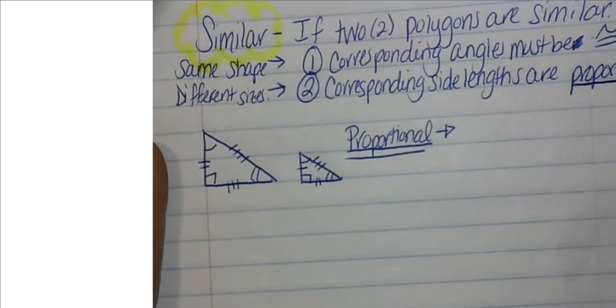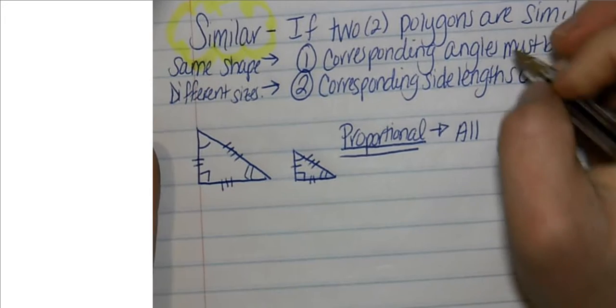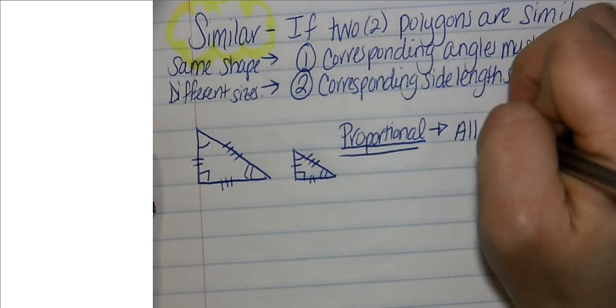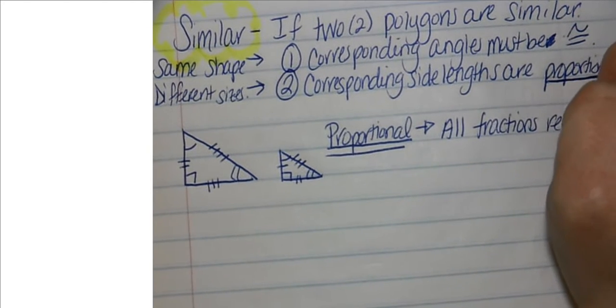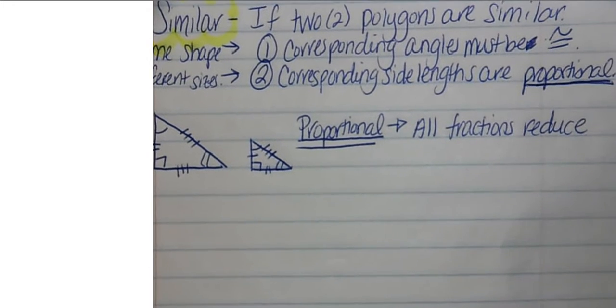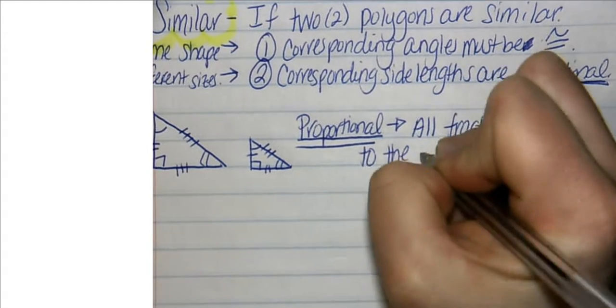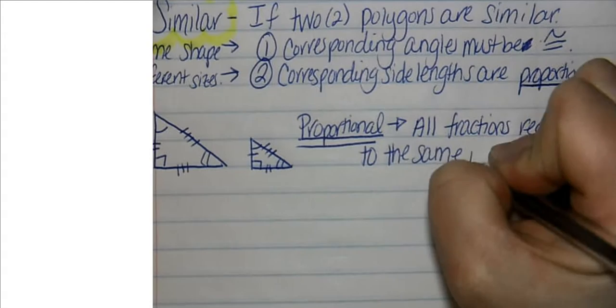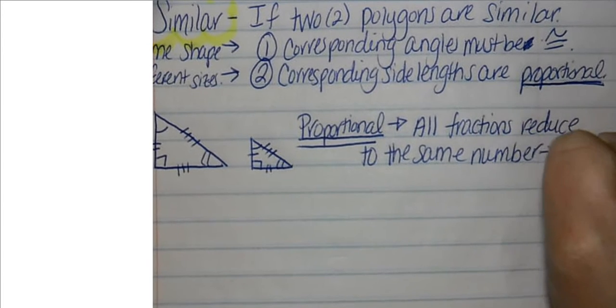And what proportional means is that all fractions reduce to the same number. That number is what we call scale factor.